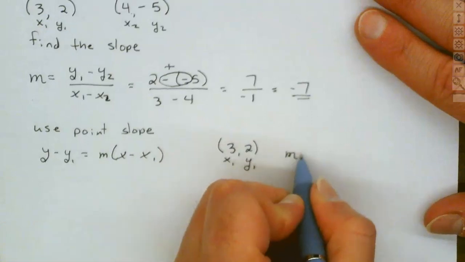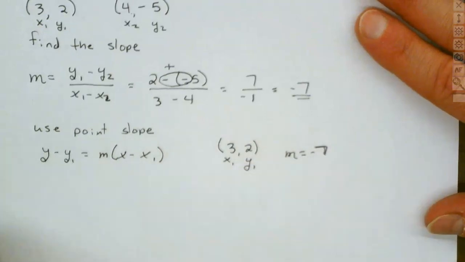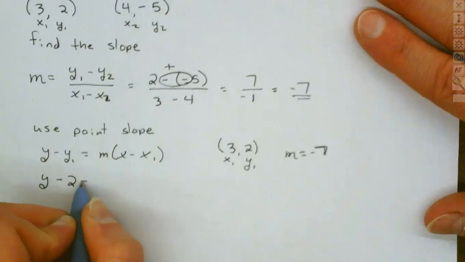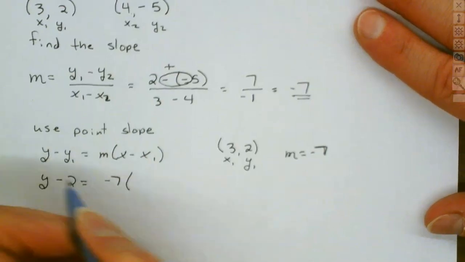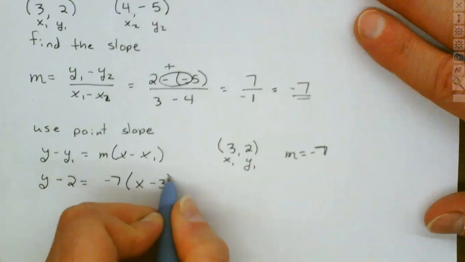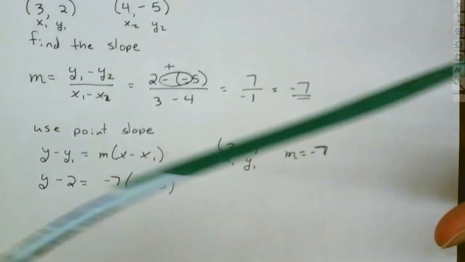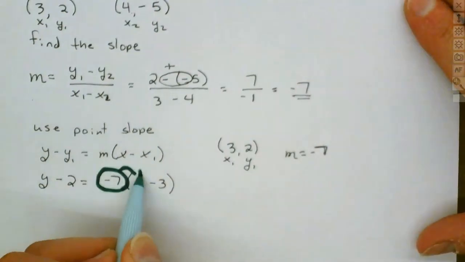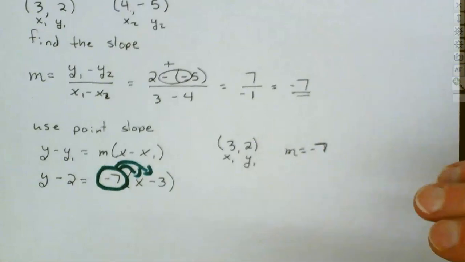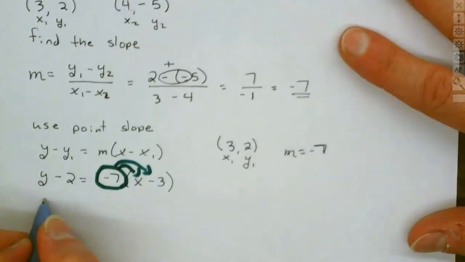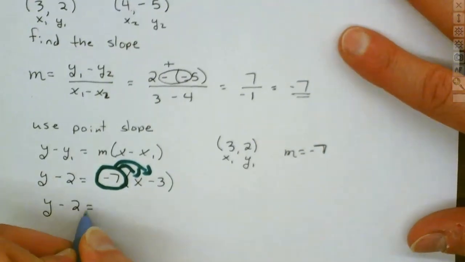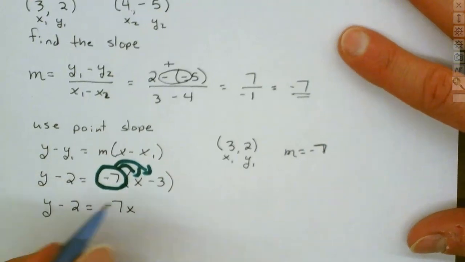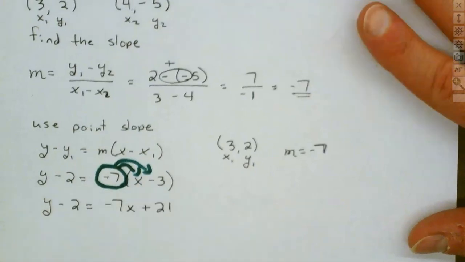And then we found our slope to be a -7. So filling it in, we have y minus 2 equals a -7 times x minus 3. Be careful with that -7 with the negative, so make sure you distribute it through. Watch your signs there. Now we've got y minus 2 equals, distributing through, a -7x. Double negative makes it a positive 21.